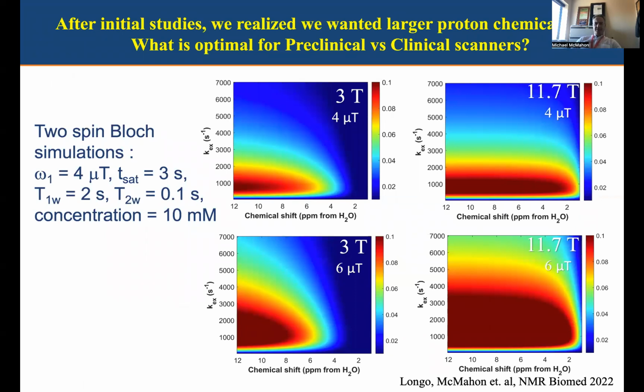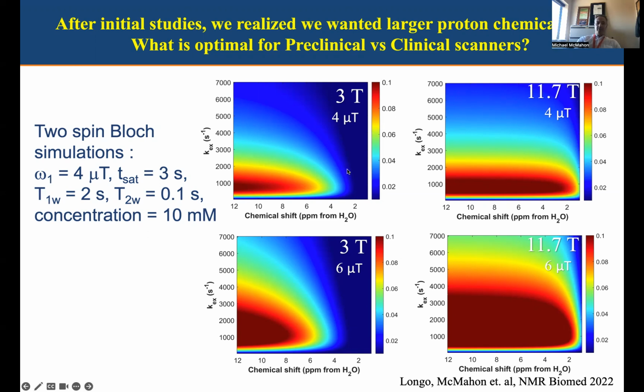However, after these initial studies, we realized we wanted much larger proton chemical shifts, particularly because we wanted to look for the optimal performing CEST contrast agents on clinical scanners. And what you see is if you go to high field and use, say, 4 microtesla or 6 microtesla saturation field strengths, you can see compounds with 1, 2 ppm quite nicely, large amounts of CEST contrast.